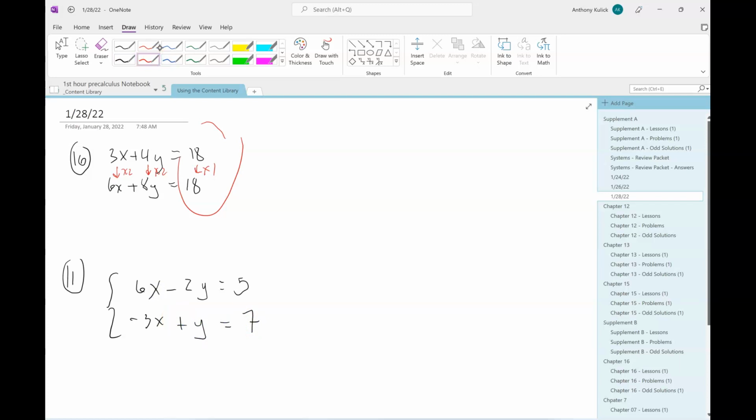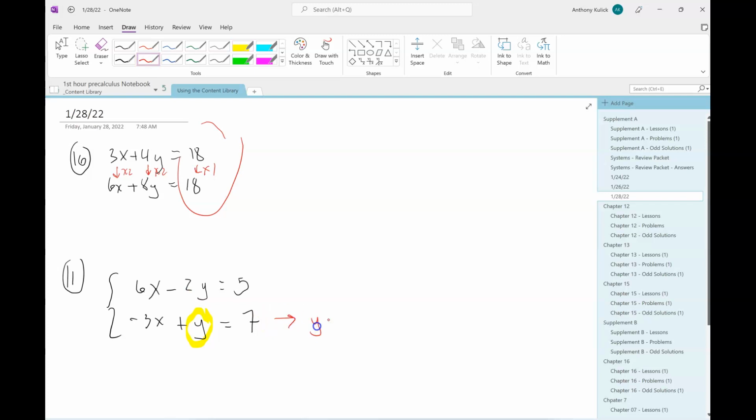First thing I'm going to do is pick an equation and a variable to get by itself. I would pick the y from equation 2 because I don't have to divide anything, so there won't be any fractions rattling around for me. If I can avoid those fractions, that's usually helpful.